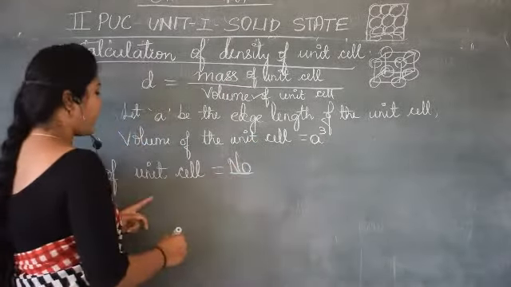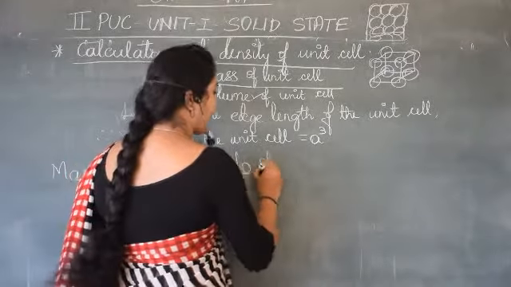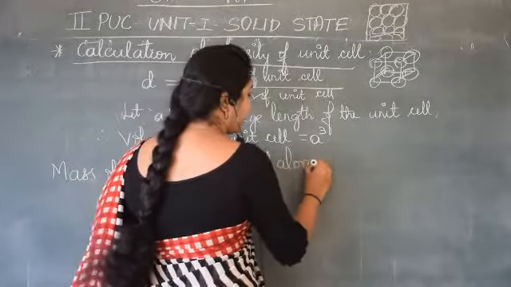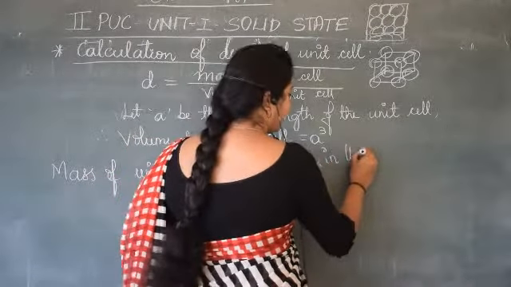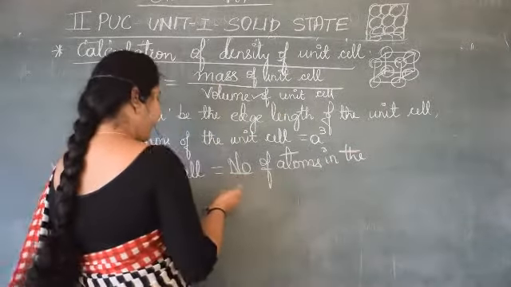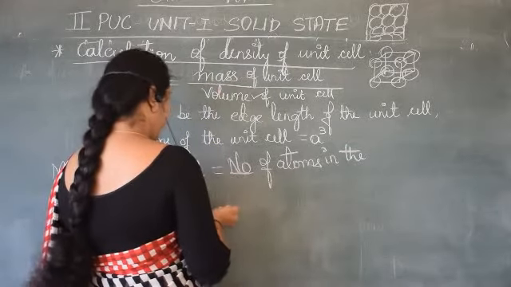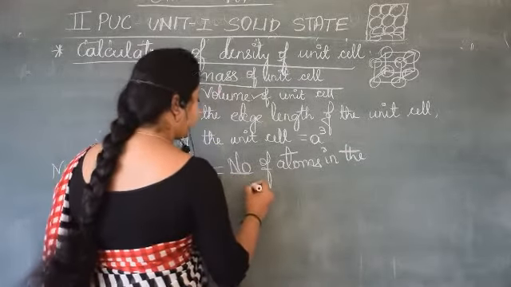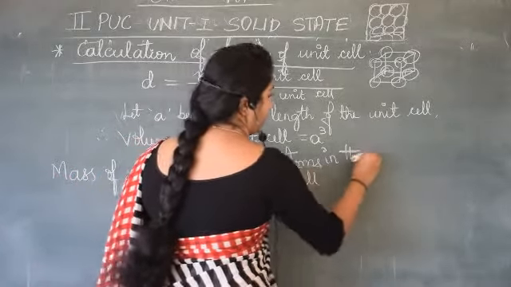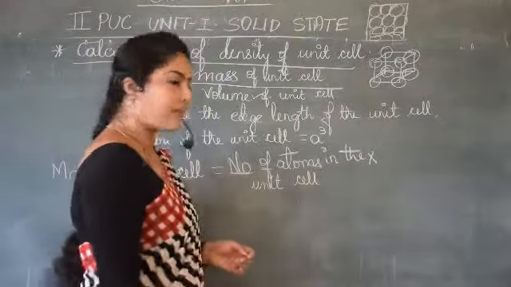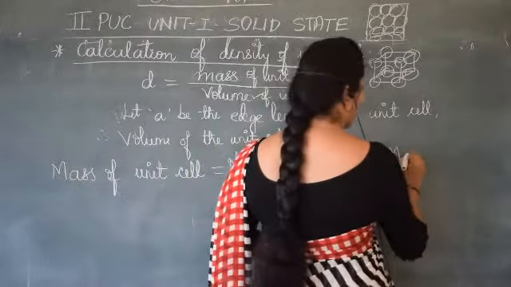That is, mass of unit cell is equal to number of atoms in the unit cell into mass of each atom.